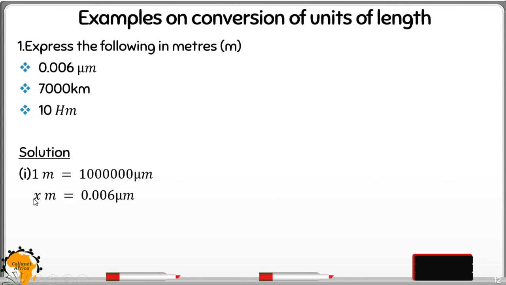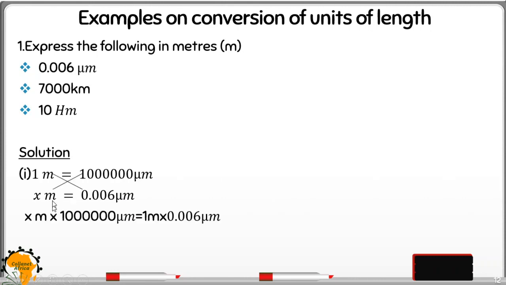Then we want to know how many meters are there in 0.006 micrometers. You write the units that are similar on one side, the way I've done. I have meters on this side and micrometers on this other side. Then cross multiply.